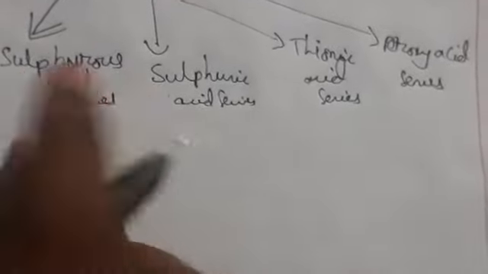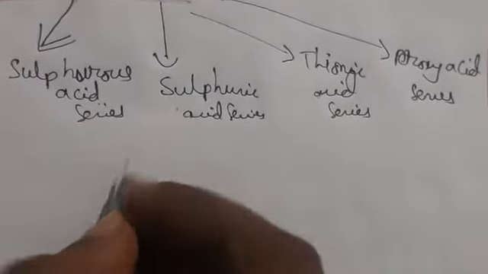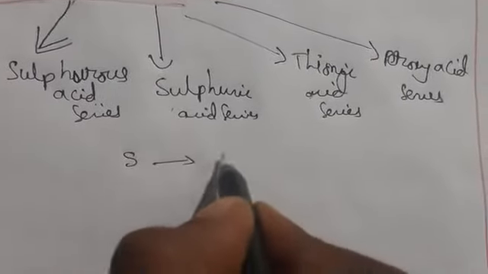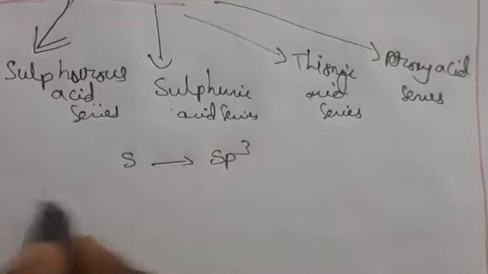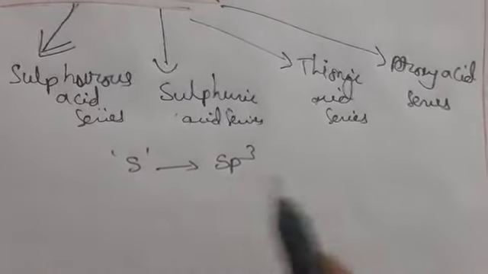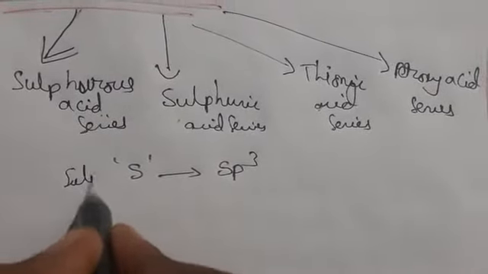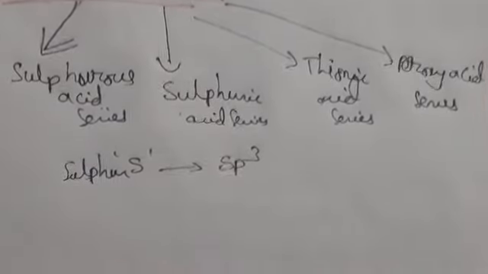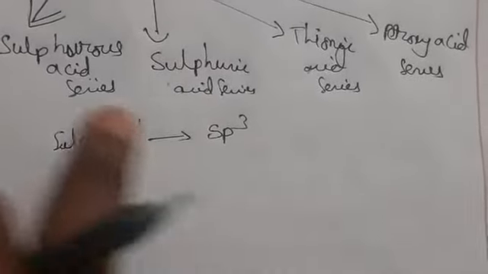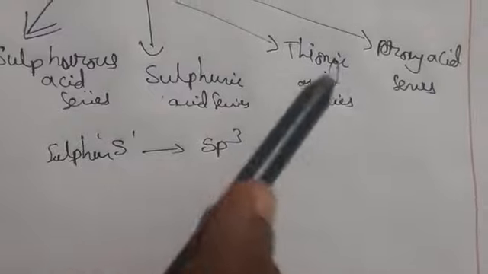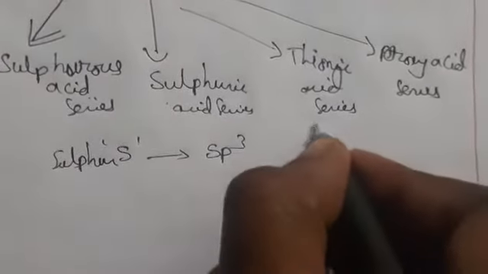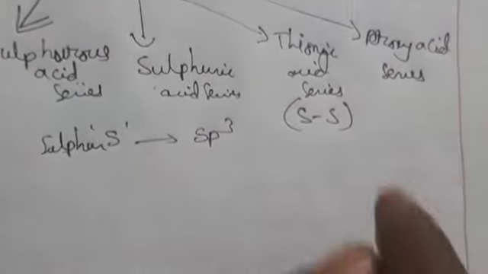So here of all oxy acids, S is having sp3 hybridization. Okay, sulfur is having what? sp3 hybridization. So if suppose we are having thionic acid, means we are having S-S linkage here.